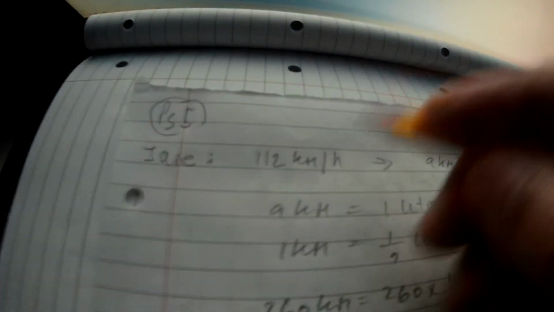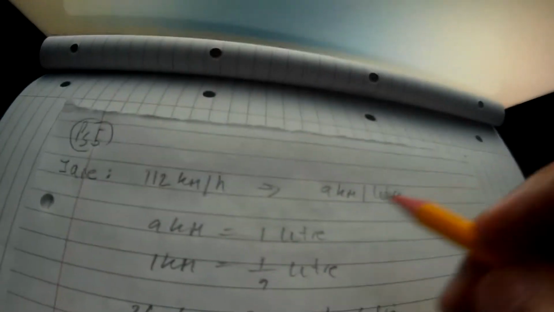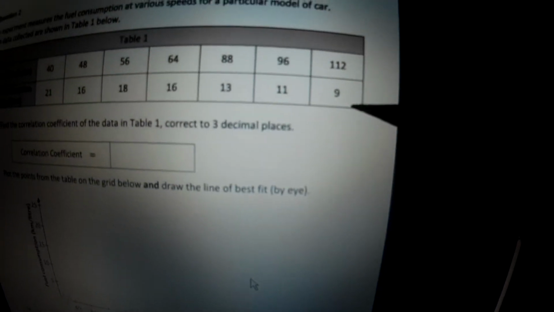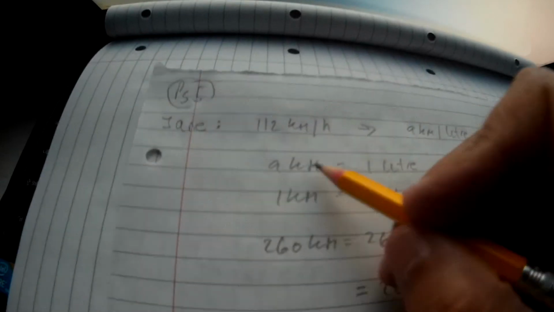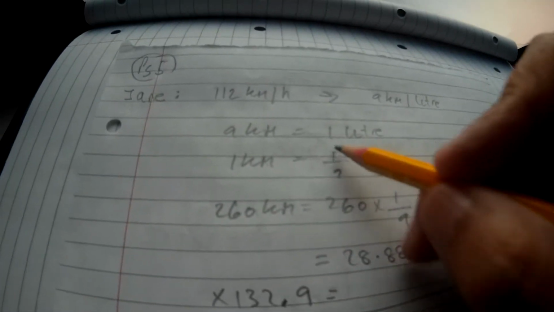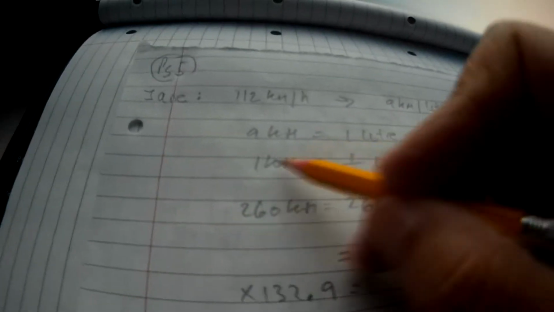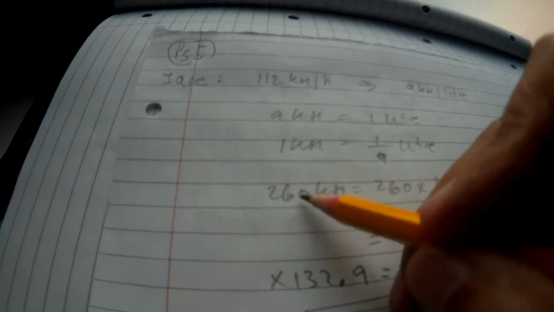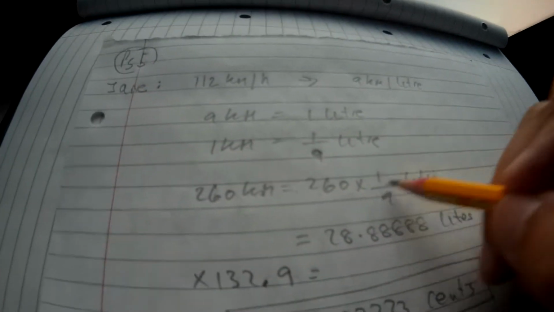So it's 3141.272727. Jane is going at 112 kilometers per hour. That implies that she's using 9 kilometers per liter, which is less. 9 kilometers is equal to 1 liter. 1 kilometer you've used up 1 divided by 9 liters. 260 kilometers multiplied across by 260, you get 260 multiplied by 1 over 9 liters.